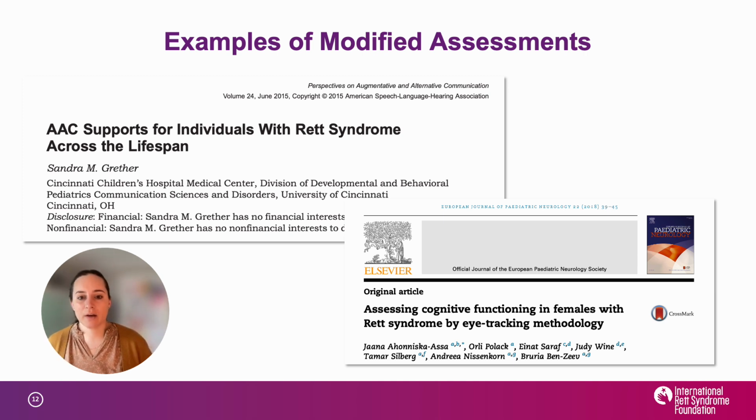Another article to check out is pictured here on the right, and entitled Assessing Cognitive Functioning in Females with Rett Syndrome by Eye Tracking. And I bring this article to your attention because this is an example of how these researchers did adapt the Peabody Picture Vocabulary Test so that participants could respond using their eyes.